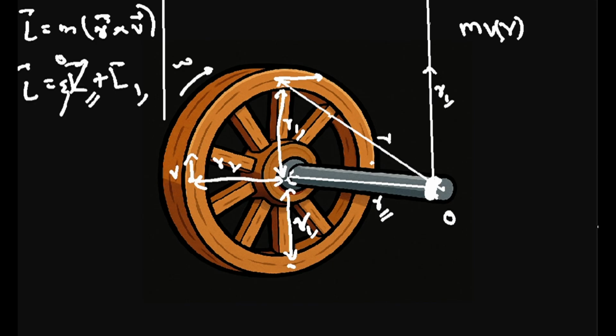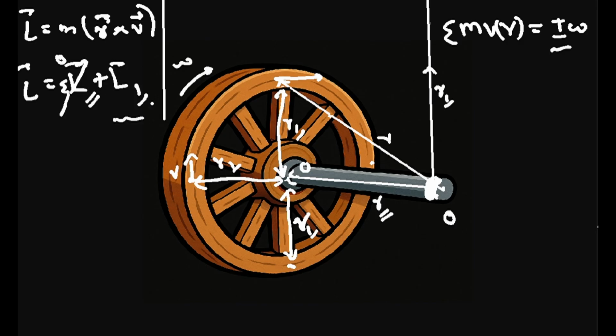This r is a constant, the perpendicular component, which is the radius of this wheel. And if I take the summation of this, I can write simply I omega, because it is the angular momentum of this wheel about this point, this origin. So this is the moment of inertia of this wheel about this origin. This is how we can find the angular momentum of this perpendicular component.